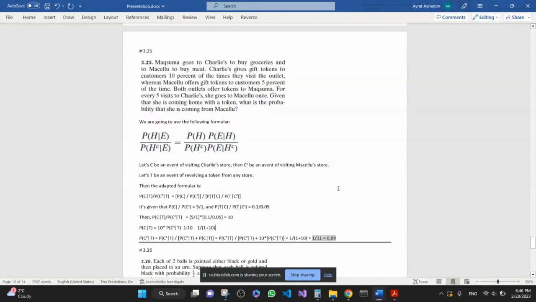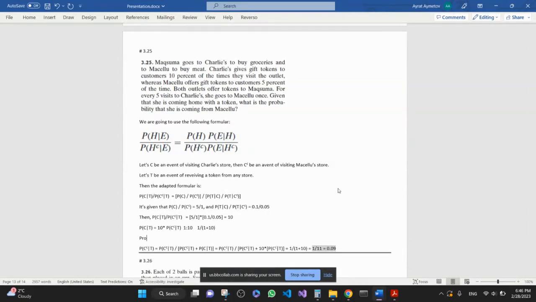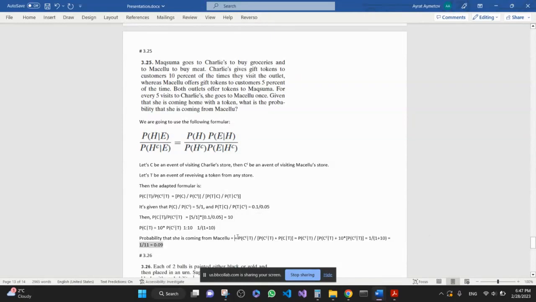So the probability of the token from Marcelo's store equals... So you're saying if you use a different notation, it should be fine. Probability of token from Marcelo's store over the whole thing. Yeah, just do that. Okay, now it makes sense. Yes, great. You finished, right? Yeah, nice. Good job.